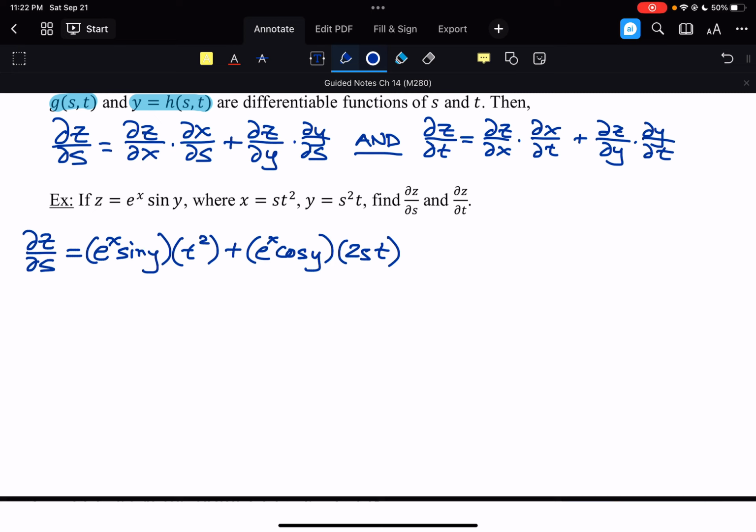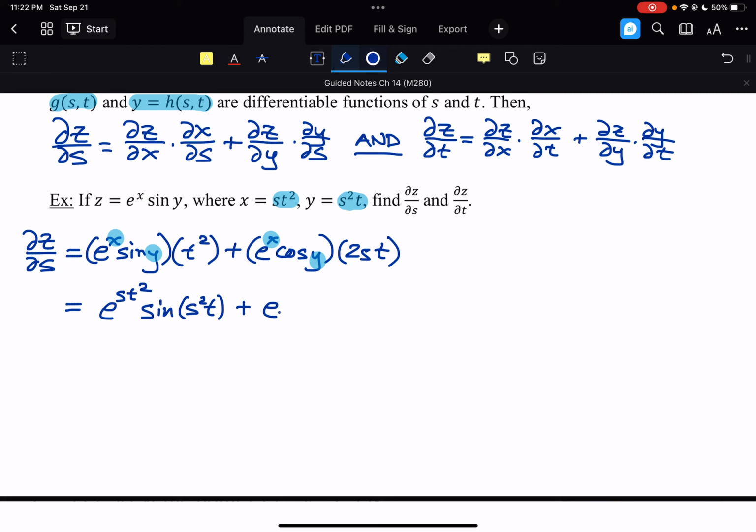And then to write the final form of this, since it's just asking for the formula with respect to s and t, we need to go ahead and substitute these x and y values for their corresponding functions. So this will be e to the st squared sine of s squared t. We don't really need the outer parentheses on that anymore.